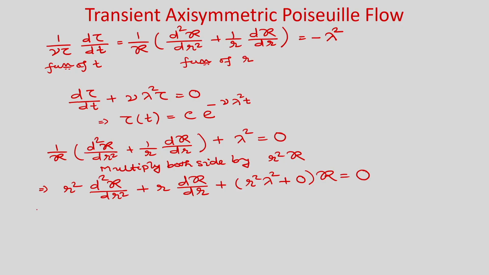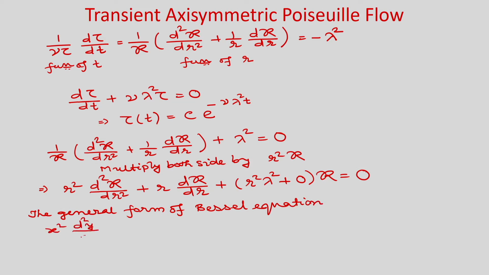If you remember, the general form of the Bessel equation is x² d²y/dx² + x dy/dx + (m²x² − k²) y = 0.